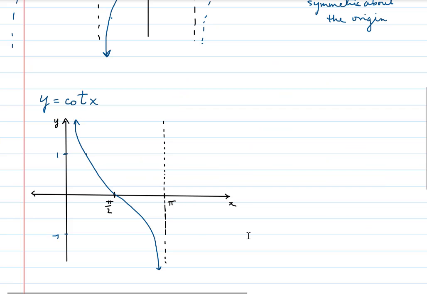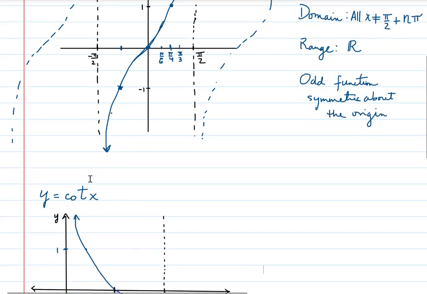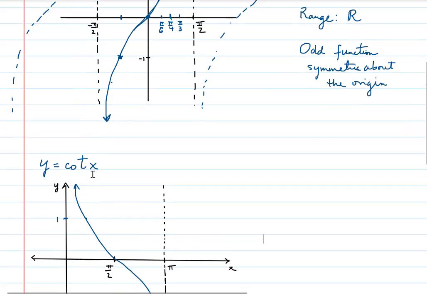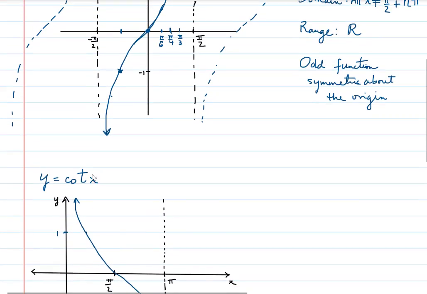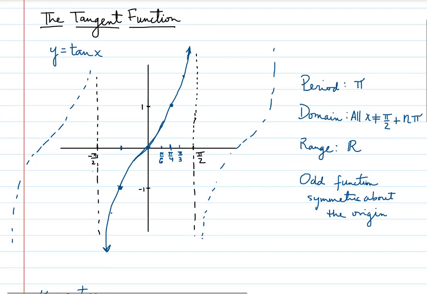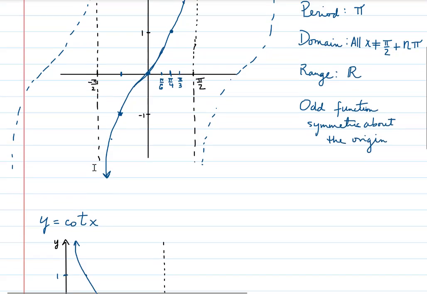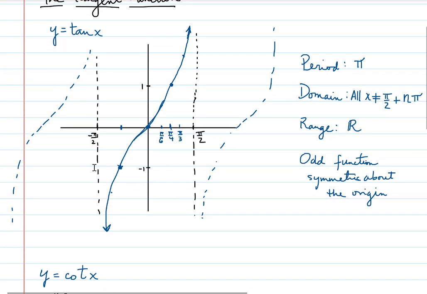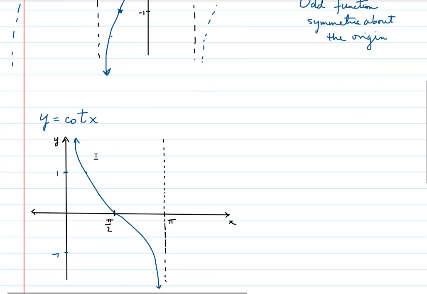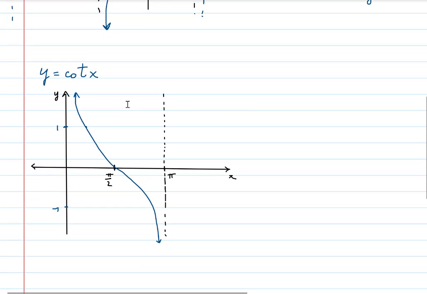Okay, so similarly for cotangent of x, the graph is going to be very similar to tangent x, and they have the same period. Now they're not going to start in the same place, and the asymptotes are not going to be the same. Again, I skipped the part where we plot the points, and you can do that yourself.